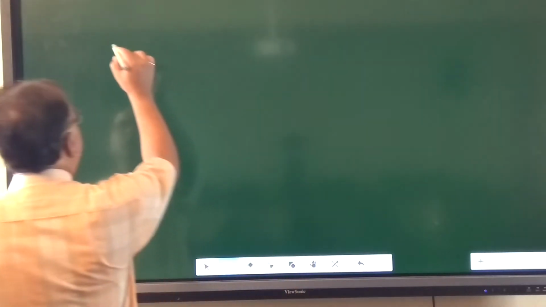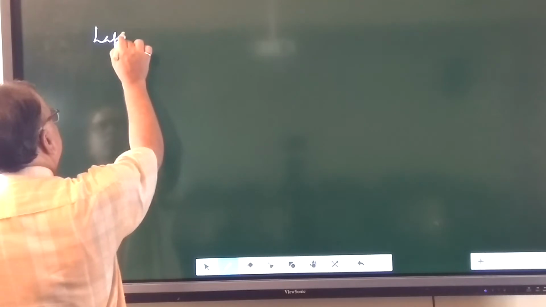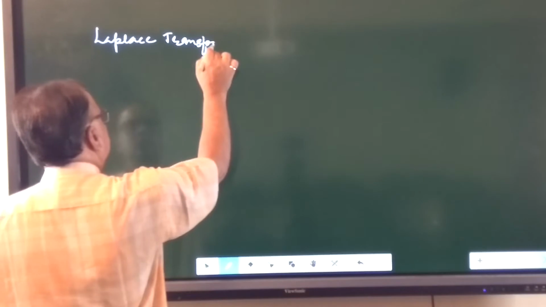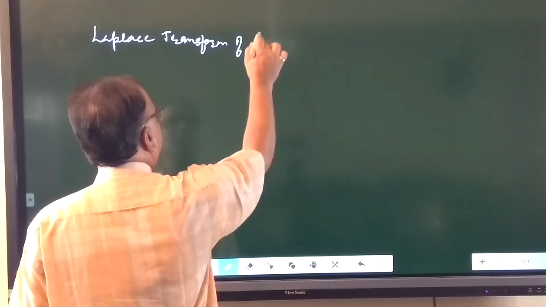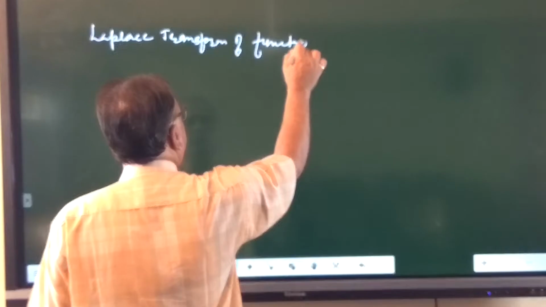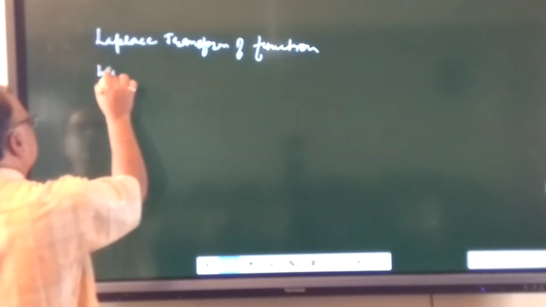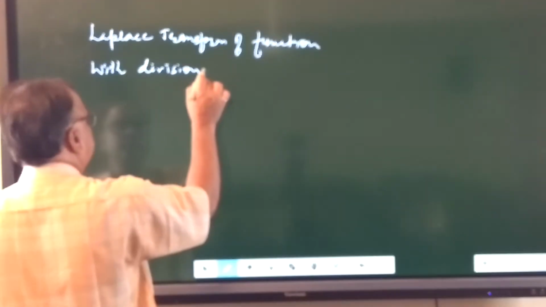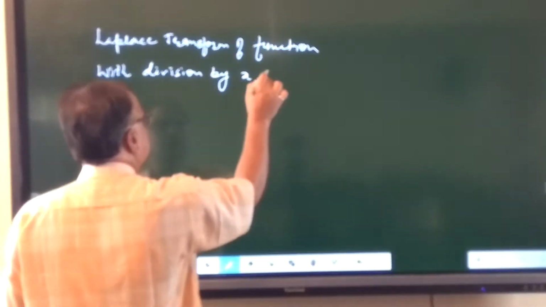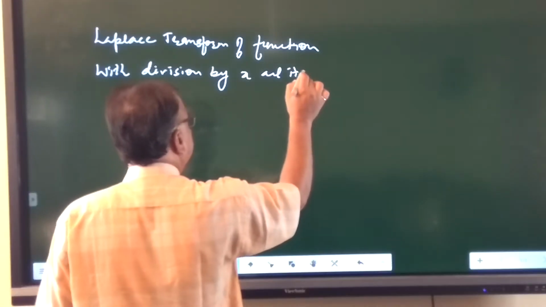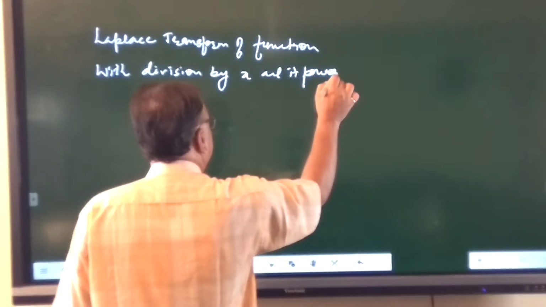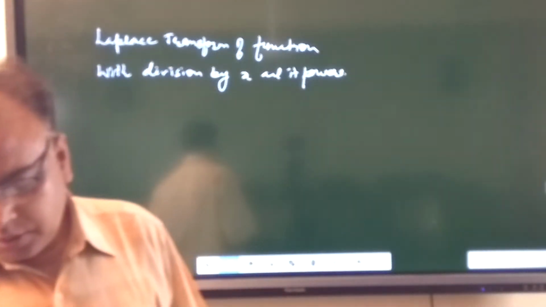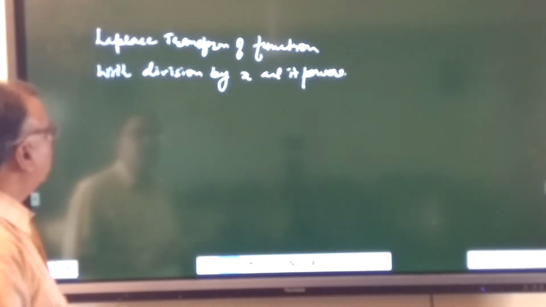So first, the Laplace transformation of a function with... not division.